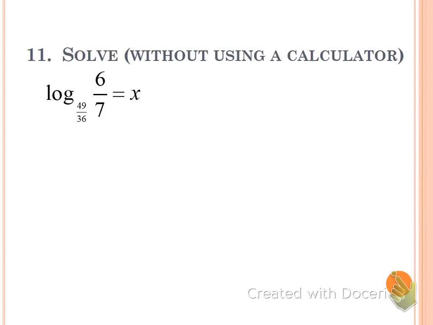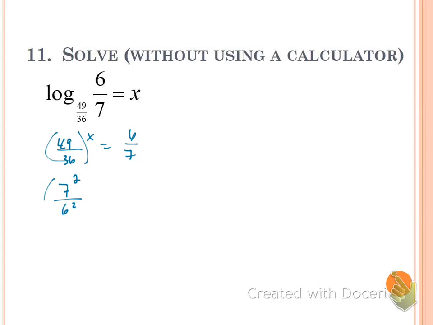Still the same thing. 11. Looks kind of hard. Nah, not too bad. Again, we're going to rewrite. Base stays base. So 49 over 36 still is the base for our exponent x that we're bringing over. And that's equal to 6 over 7. Now, I recognize that 49 and 36 can both be written as a base squared.